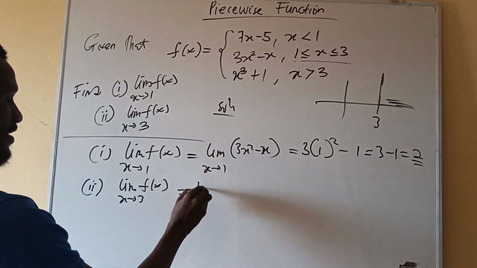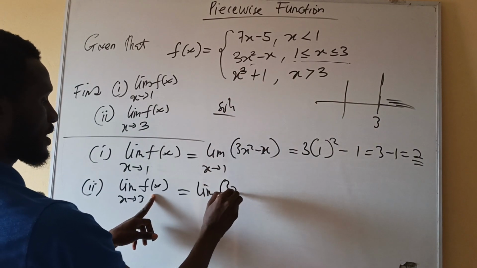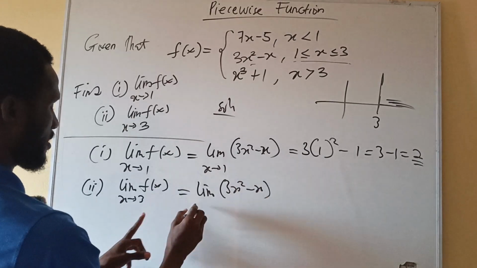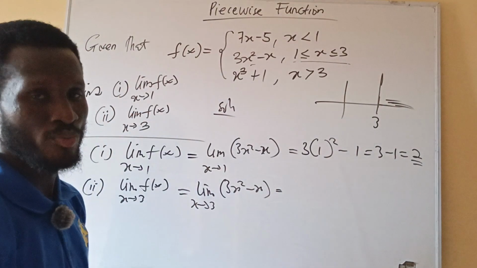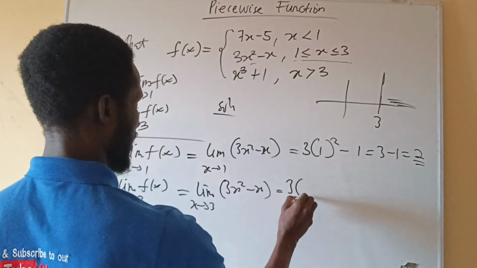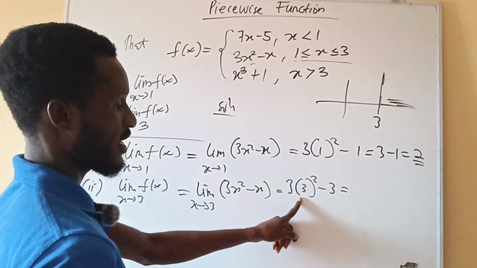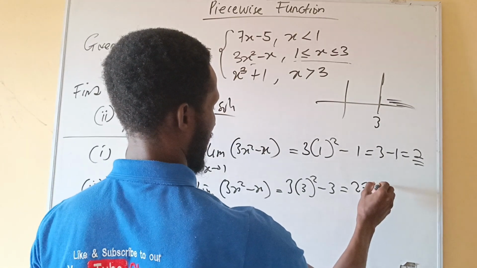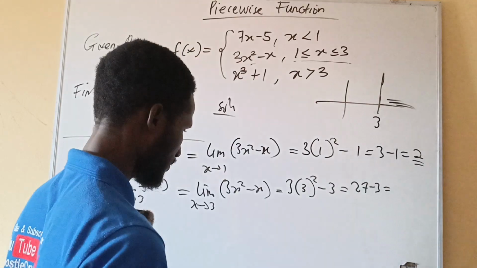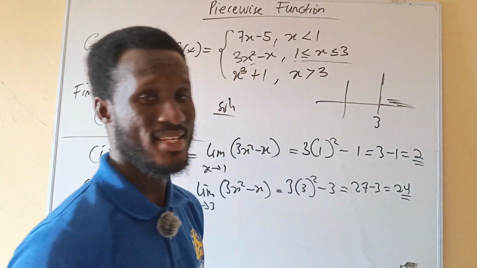So you're going to have a limit of f of s, which is 3s squared minus x, where s is approaching 3. So when we see s, we put 3. We're going to have 3 squared times 3, minus x, which is 3. What are you going to get? You're going to get 9 times 3, which is 27, minus 3. We are going to get 24. So this is the answer.